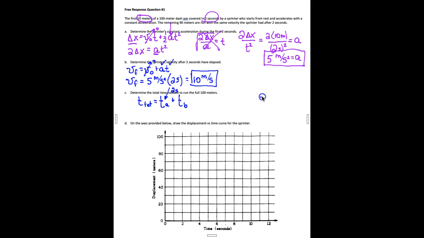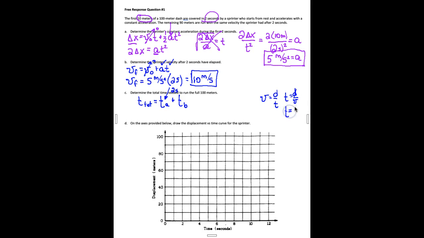That's just a velocity equals distance over time kind of question. I'm solving this for time. I multiply both sides by t and divide by v. That becomes time is equal to distance over velocity.